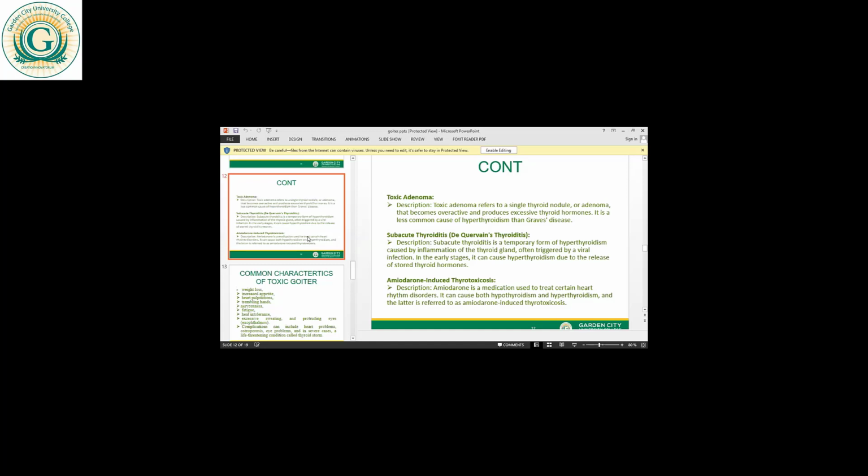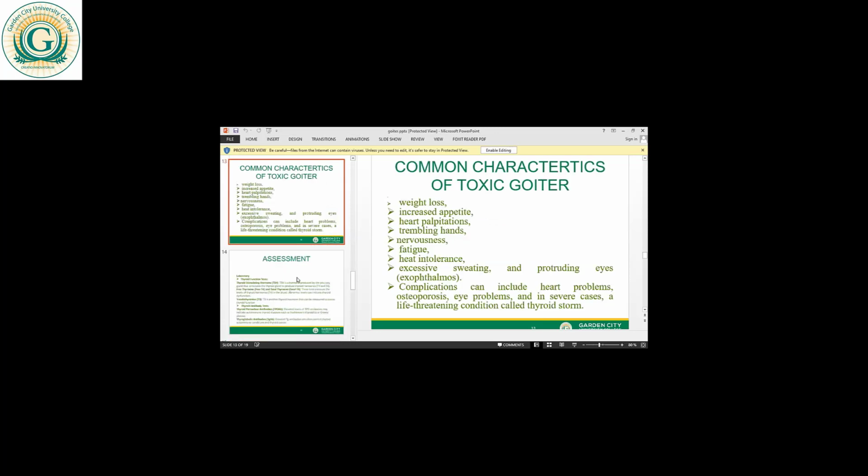And we also have amiodarone-induced thyrotoxicosis. Amiodarone is a medication used to treat certain heart rhythm disorders, and it can cause both hyperthyroidism and hypothyroidism, and then later it is referred to as amiodarone-induced thyrotoxicosis. So those are the main types of toxic goiter.